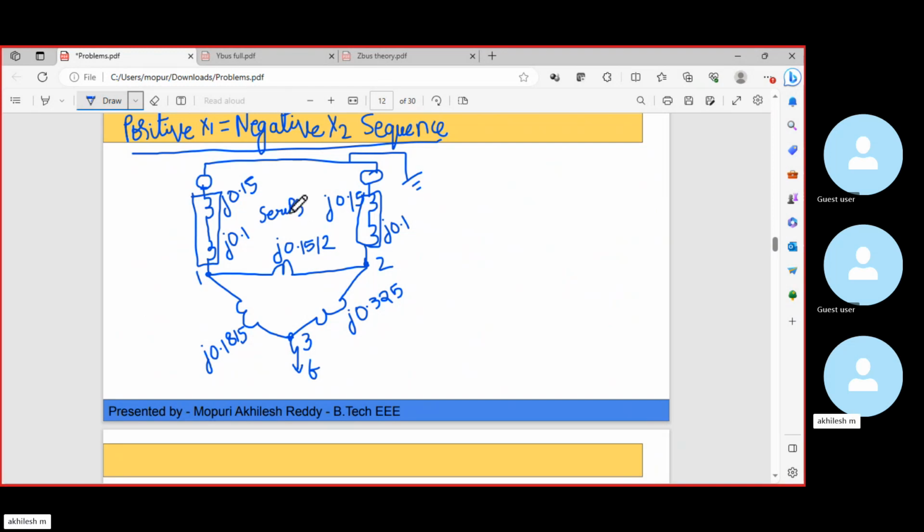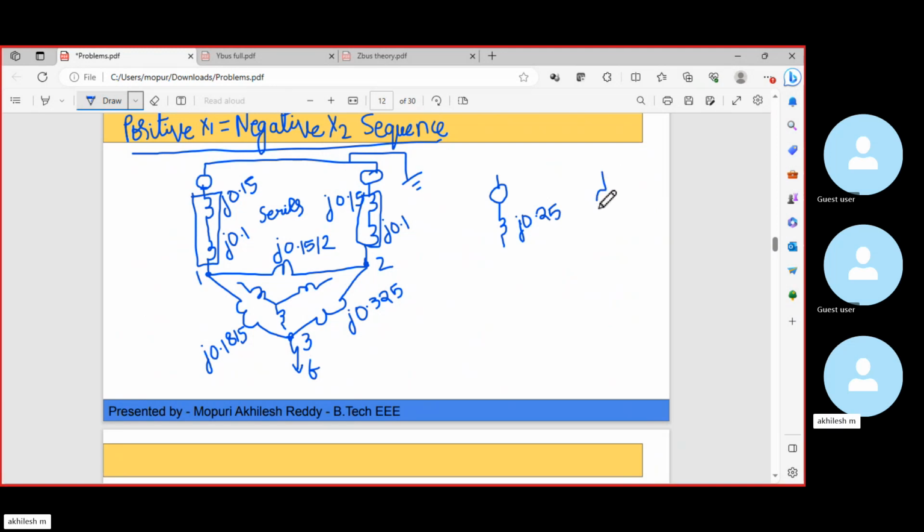I'm replacing the delta with the corresponding star, so you will get a reactance here, one more here, and one more here.